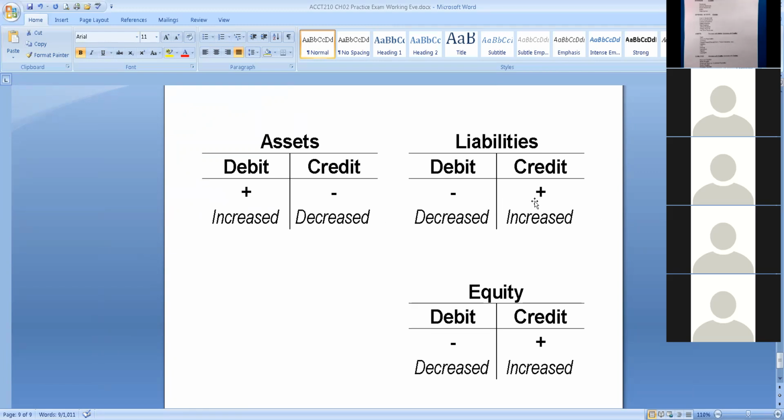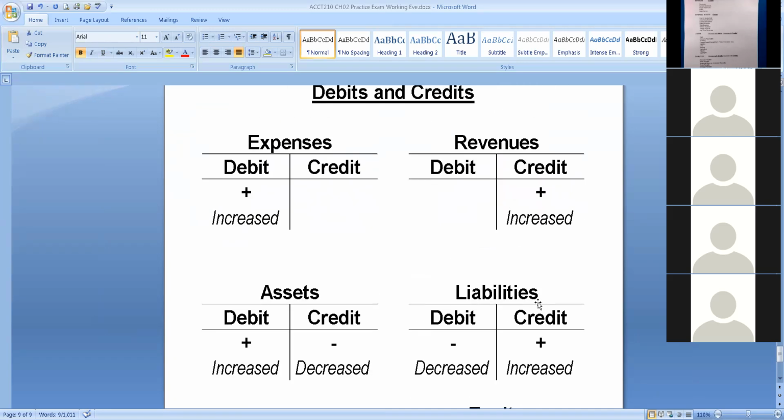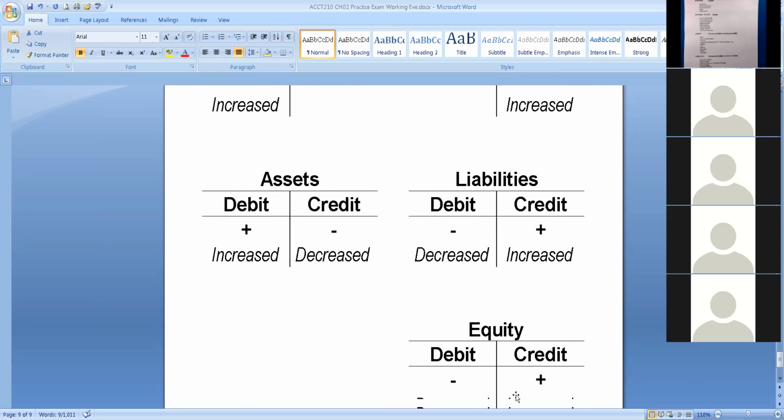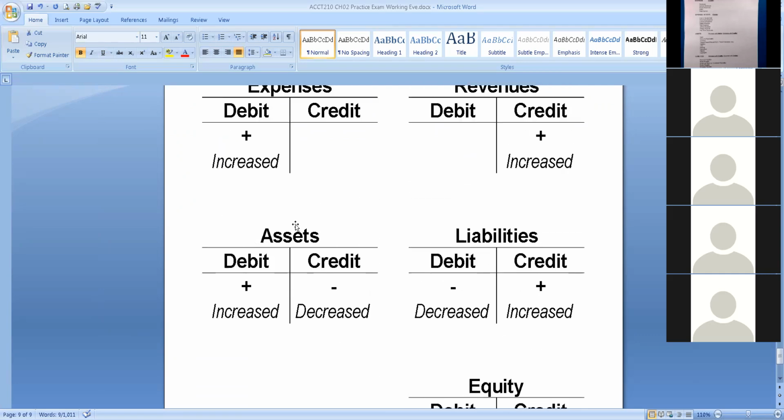Same thing with these other accounts. Your accounts payable, if you have any, it's going to be a credit. There's going to be something in that account. It's possible you have zero in the account, but you're not going to have negative liabilities, right? So wherever the plus is, that's the normal balance in those accounts. Again, assets is probably the easiest one to think about. You can't have negative land. You could have zero land, but you can't have negative land.